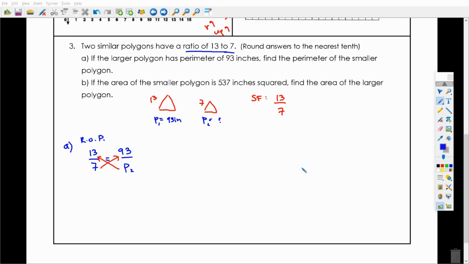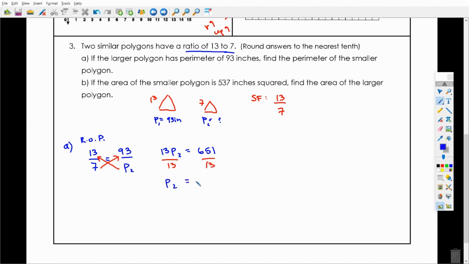So cross multiply. So you get 13 P2, or X if you did X, equals, I wrote this down, 651. So 13P2 or 13X is equal to 651. And we're going to divide by 13.